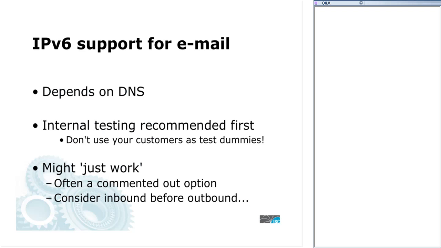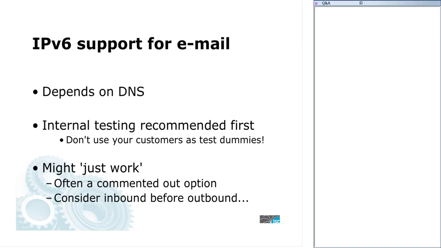Talking just a little bit about IPv6 support for email, email is going to depend on DNS. So deploy your DNS first, make sure that it's working before you even consider turning on IPv6 in your email services. Your inbound services are going to be live as soon as you provide an MX record that has as the RDATA something that resolves to an IPv6 address.